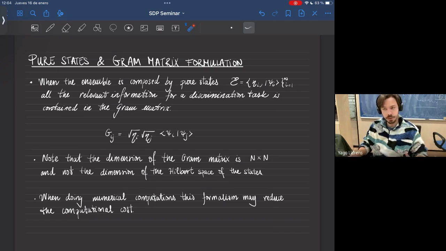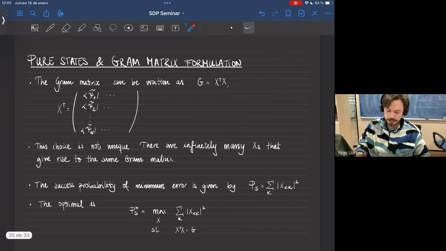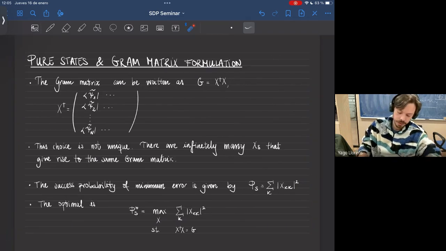But if you have 3, you will have a 3 times 3 matrix, but you will have 2 to the 8, 8 by 8 matrices, which will be very complicated to use in a computer. And see that the gram matrix, because it is positive, can be written as this decomposition.